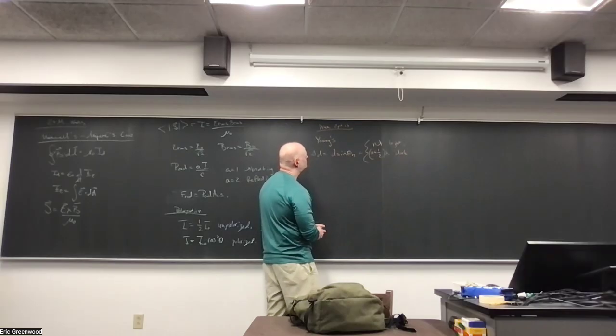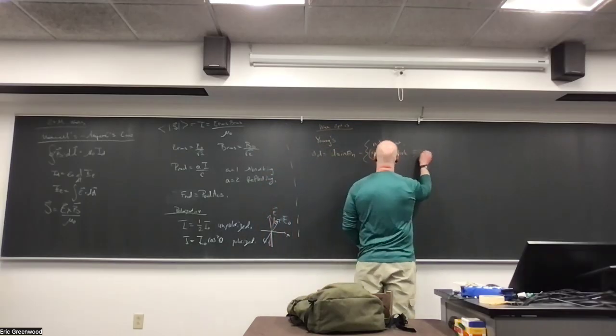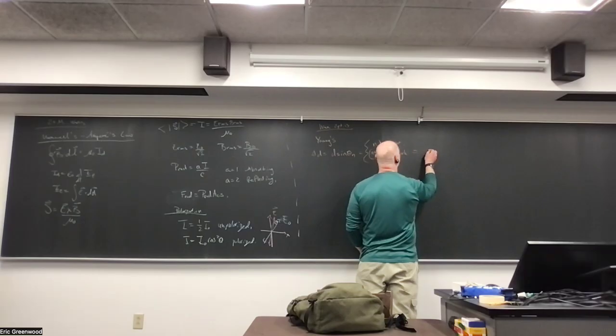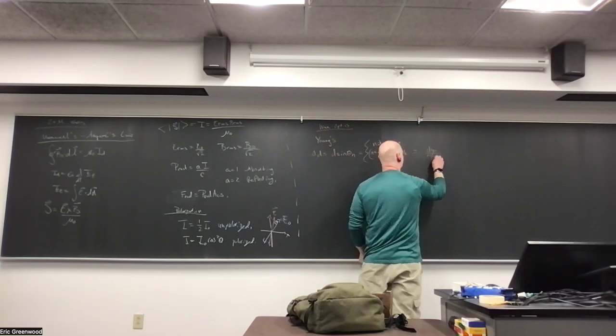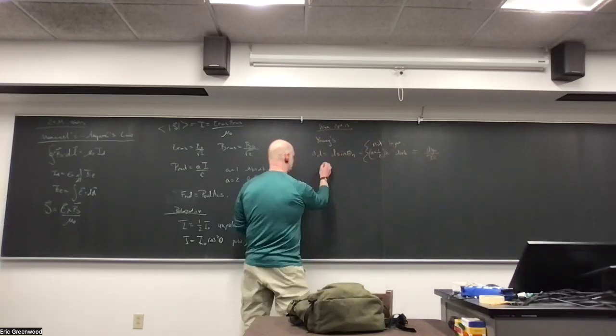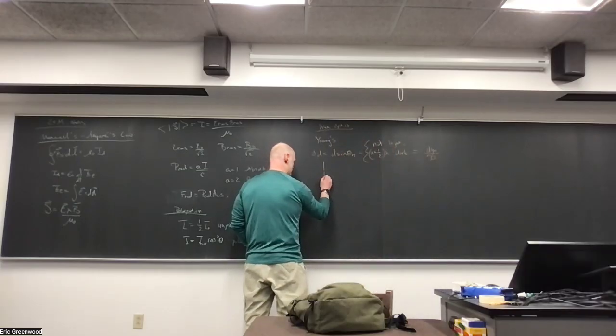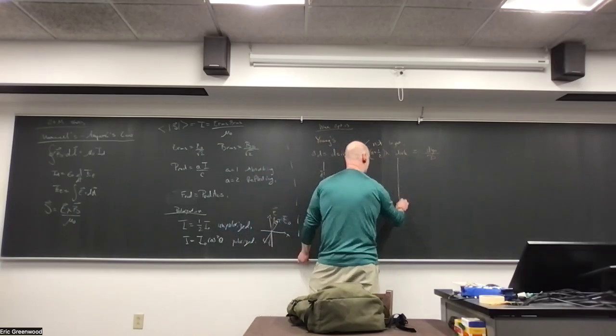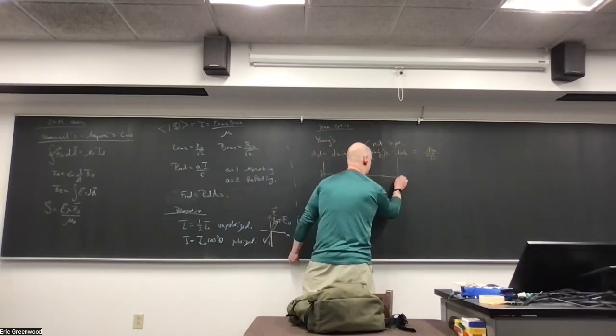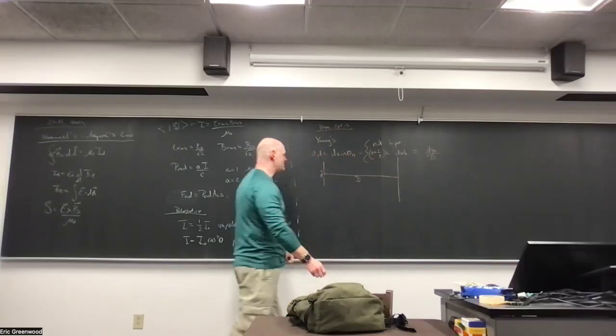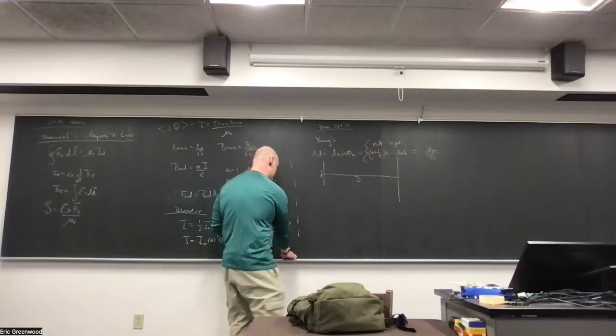And then what was that equal to? That was equal to d yn over capital D, where d in this case is the distance between the two slits, and capital D is the distance from the slits to the screen.